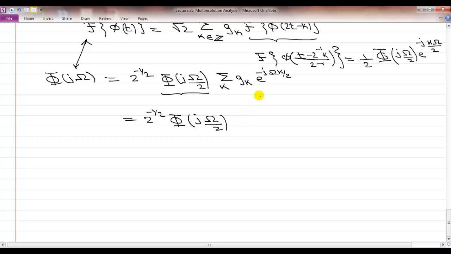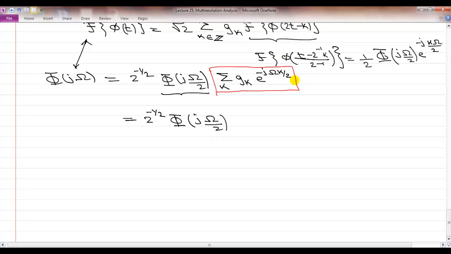Now, if I look at this expression, this g of k is a sequence. I'm summing over all the sequence and multiplying it by e to the minus j omega k by 2. What is that thing?